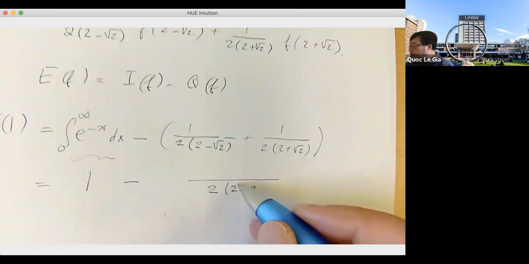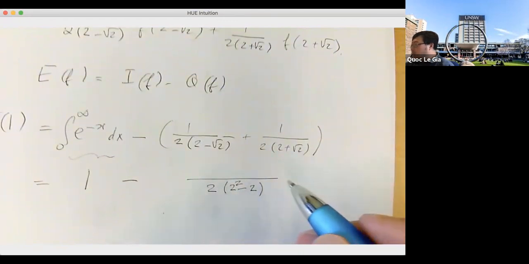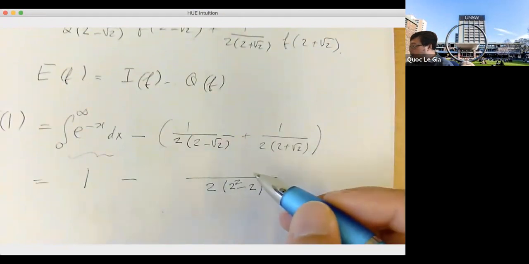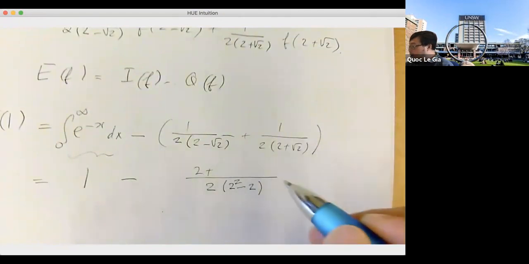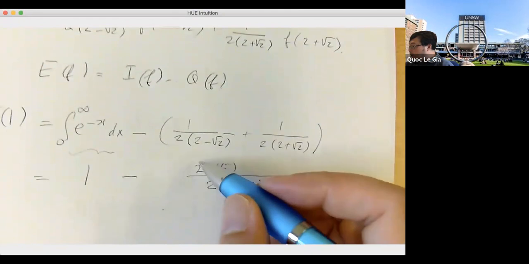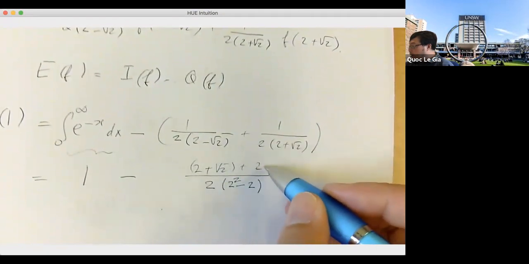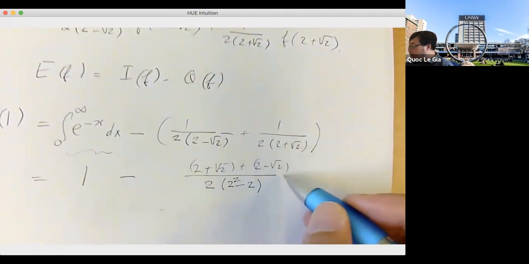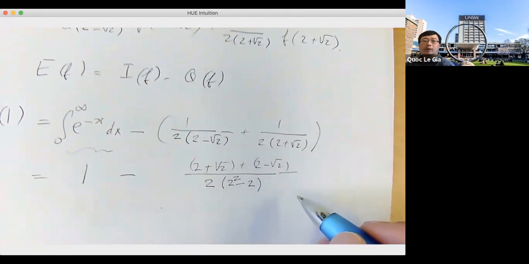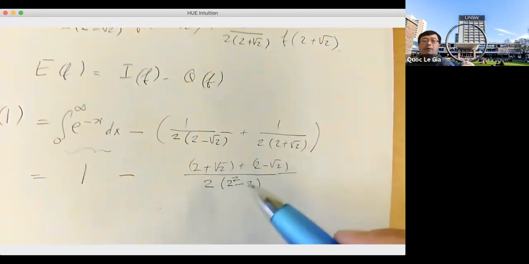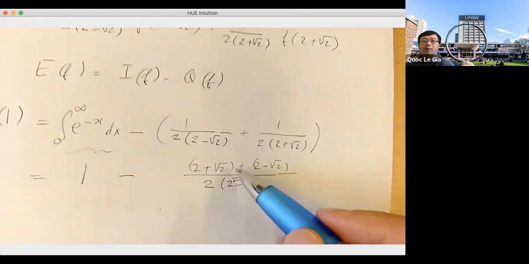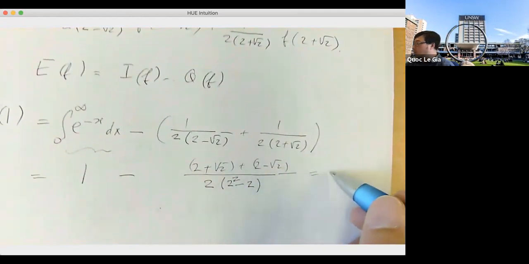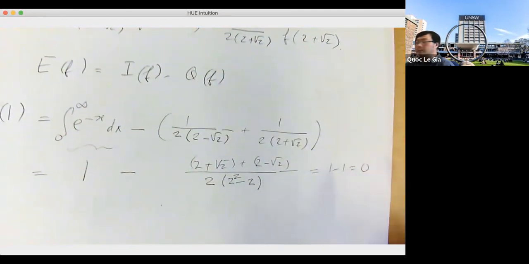So what is just 2 squared minus 2, right? And then here you have 2 plus root 2 minus root 2. Okay, so this one just gives you 4. This one gives you 4 over 4. So 1 minus 1 just equals 0.